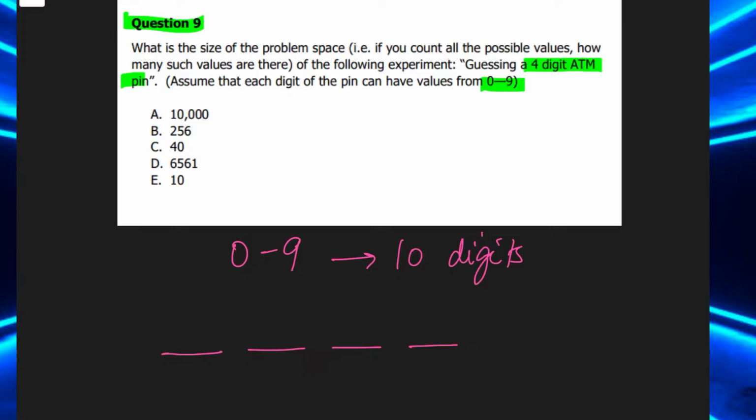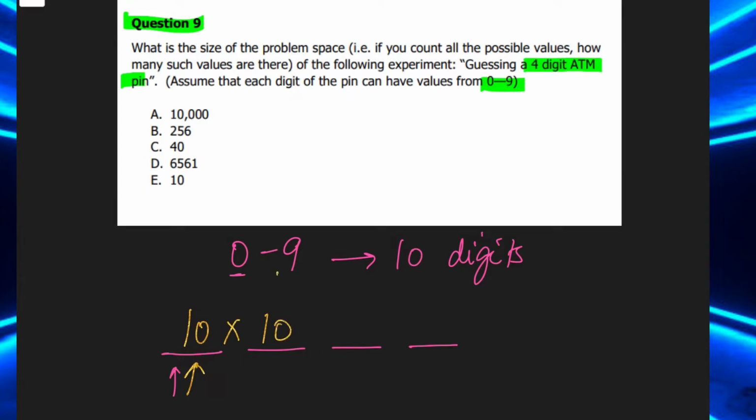Now, in normal numbers, if we were looking at a four-digit number, we cannot have a 0 in the thousands place. But this is an ATM pin, and it can very well have a 0 in the thousands place. So for the first place, we have 10 digits to choose from. And of course, because it's an ATM pin, repetition is allowed.